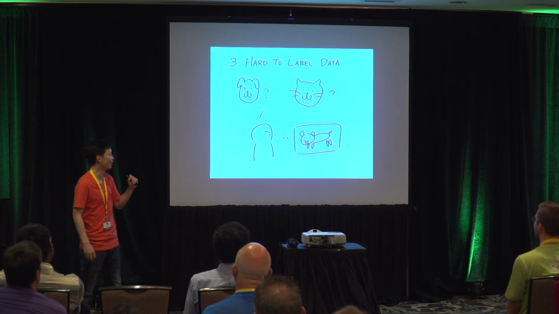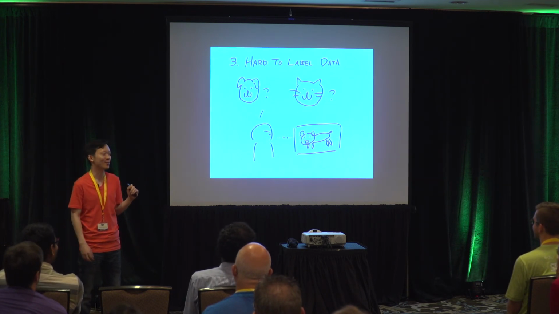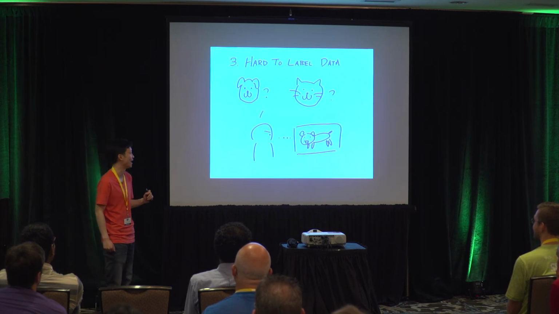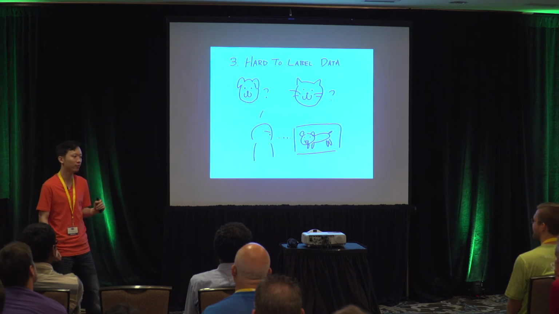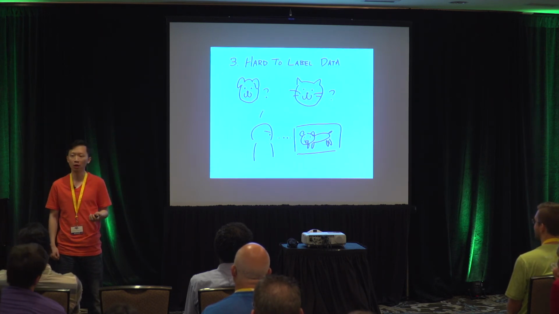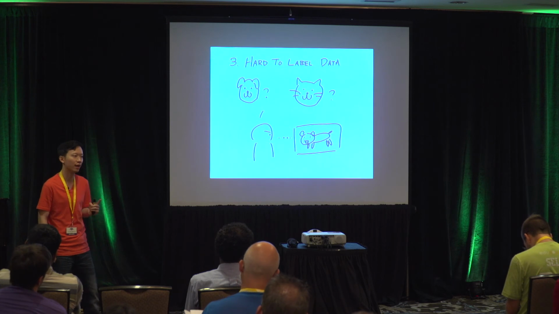I don't know. If I drew it, I don't know what I drew. So I can't tell you if it's a dog or a cat. Maybe it's either. Maybe it's a mouse. There is some data that is just natively hard to know what it is, or hard for your model to predict.